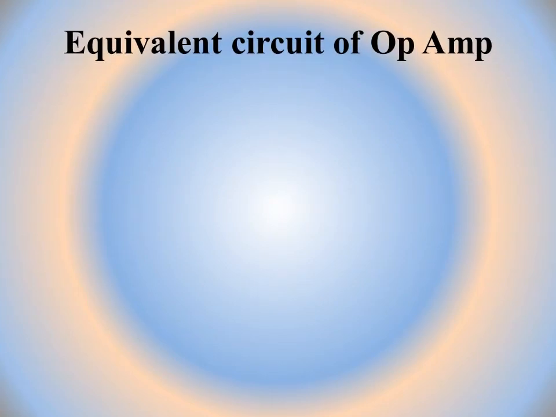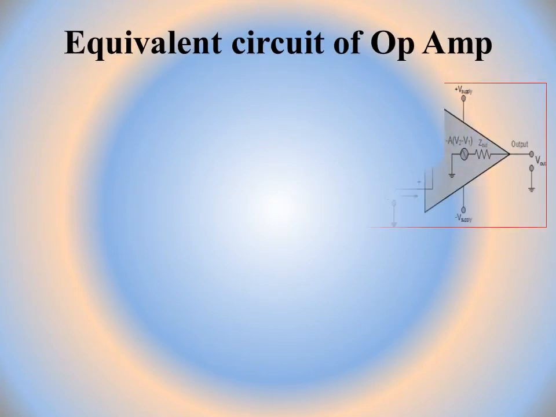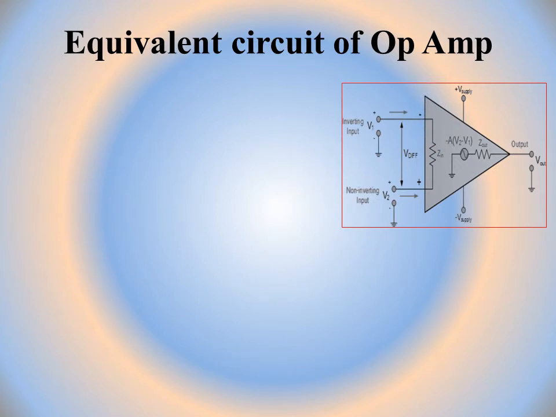Now we'll see the equivalent circuit of an op-amp. This diagram we have seen in the previous lectures, but there we had only seen its diagram. Here, this is the inverting input, this is the non-inverting input. In between these two is the input resistance, depicted as Zi.